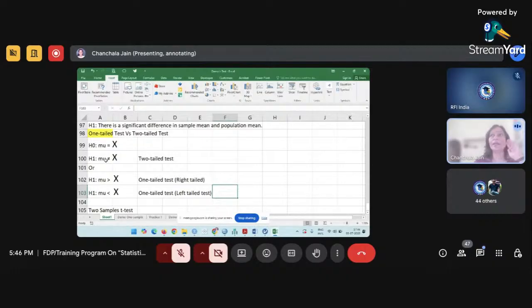That means I am not clearly mentioning the direction, whether the population mean is greater than or less than. That means here it can be either way. Maybe it can be less than also, it can be greater than also. That means both the tails are involved. That means the rejection region of your null hypothesis will fall on both the tails of the bell-shaped curve. This is the meaning, right?